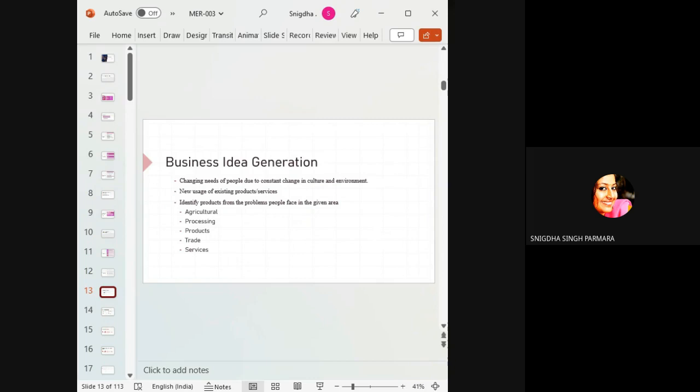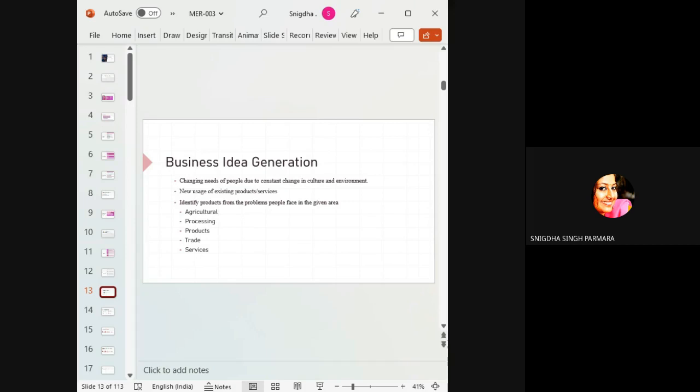Business idea generation, we are going to actually study here brainstorming sessions, something that we had discussed in unit 1. So brainstorming sessions or brainstorming discussions can be done at three levels. The first level is when there are changing needs of peoples due to constant change in culture and environment.